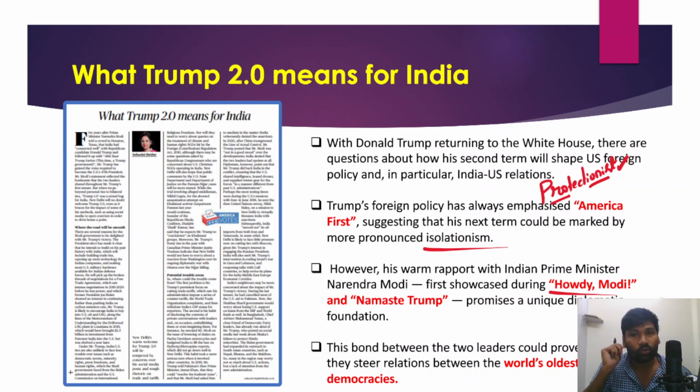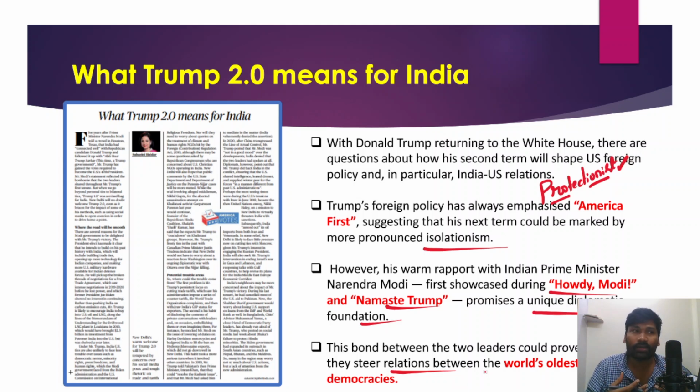This Howdy Modi and Namaste Trump meeting between Prime Minister Narendra Modi and US President Donald Trump in the previous term promises a unique diplomatic foundation for India-US bilateral relations. This rapport or bond between the two leaders could prove pivotal as they steer relations between the world's oldest and the largest democracies.